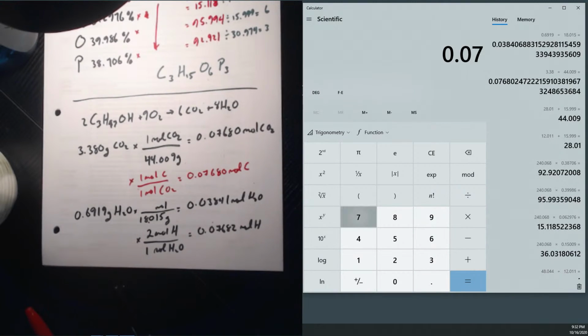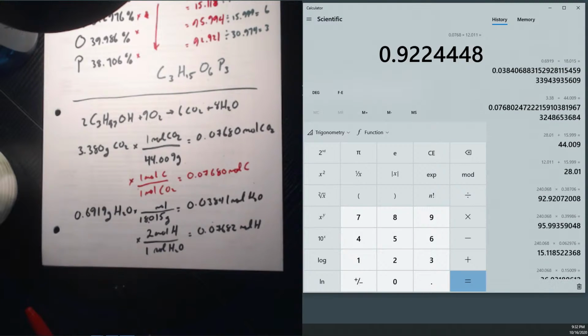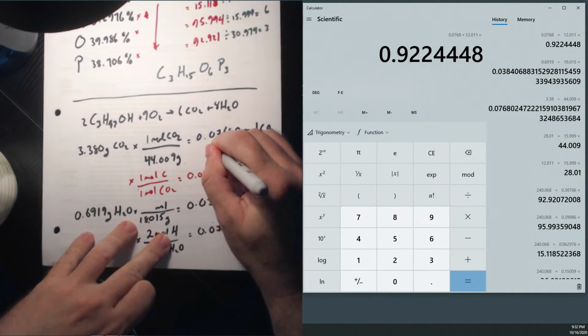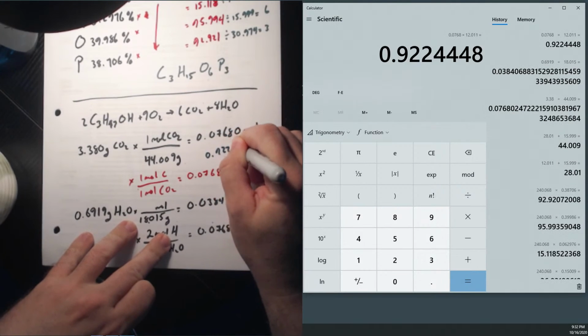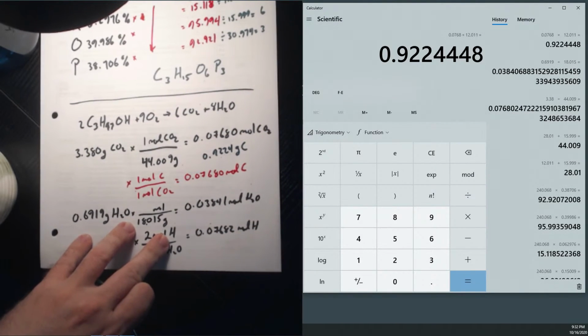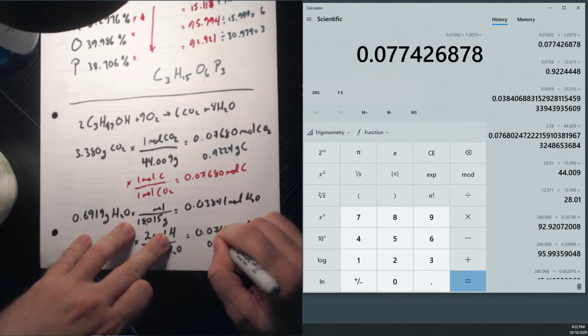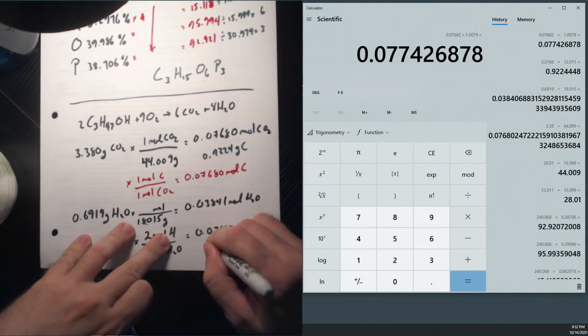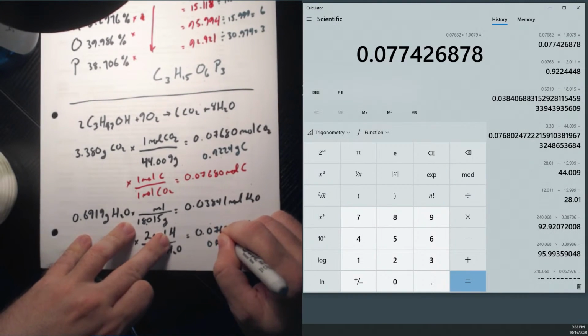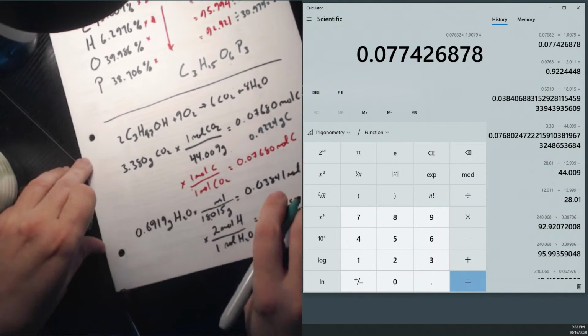So 0.07680 times 12.011 means we have 0.9224 grams of carbon. 0.07682 times 1.0079 means we have 0.07743 grams of hydrogen.